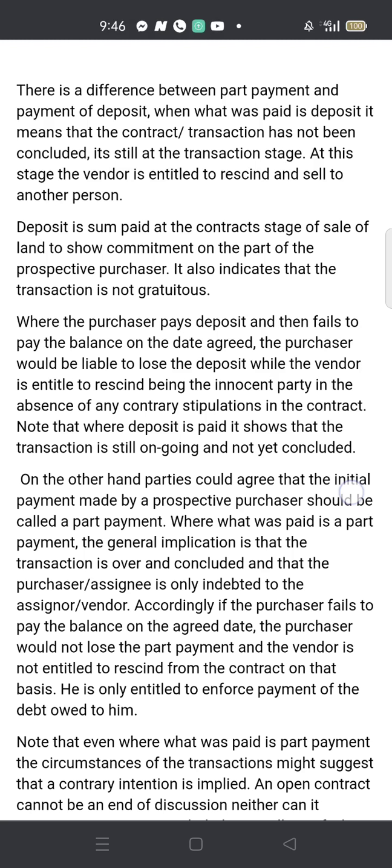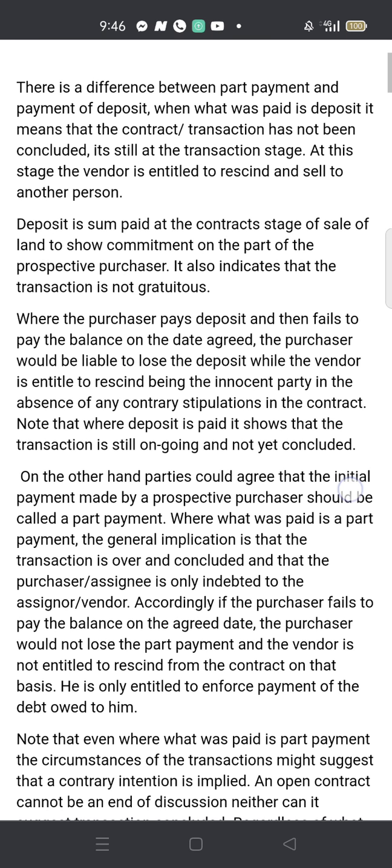If you make a deposit in purchase of land and agree to pay on certain dates, if you fail to pay on that date, you lose the deposit. And this payment of deposit simply means that the transaction is still ongoing, and at this stage, either of the parties can resign or terminate the contract. So that is what deposit payment is all about.